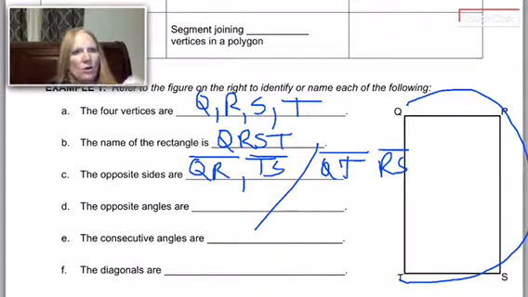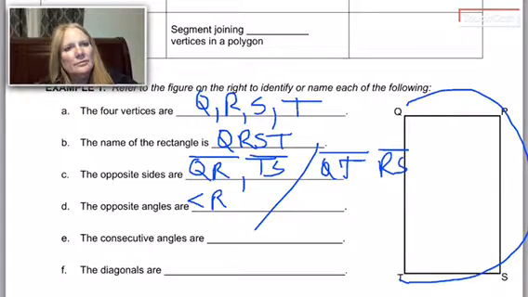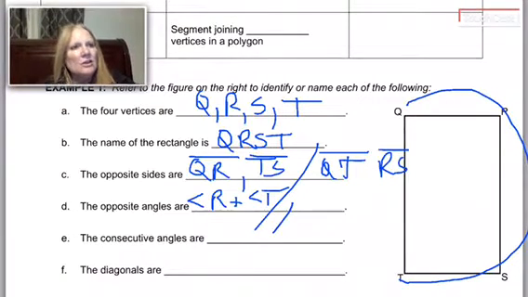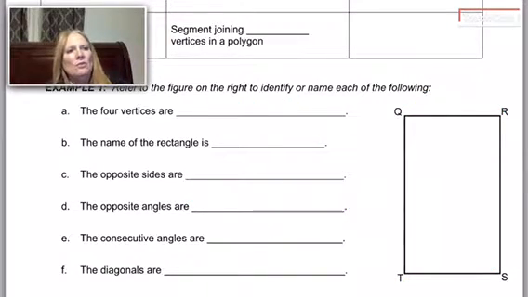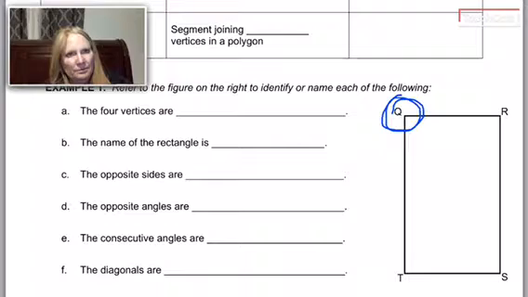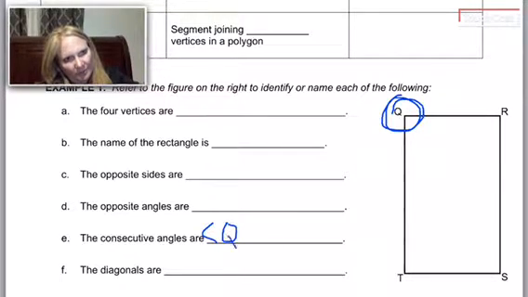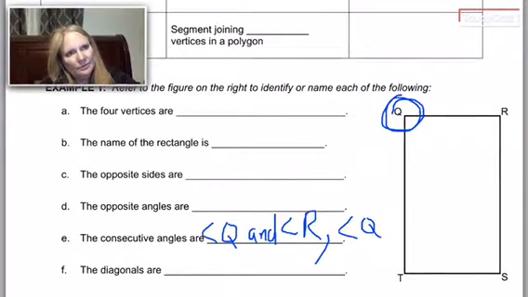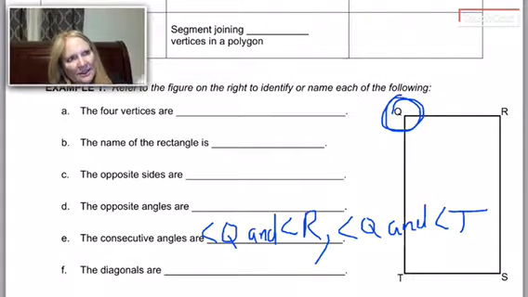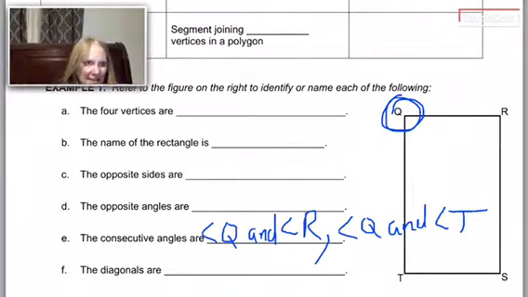Okay? Now the opposite angles are the angles that are across from each other. So we have angle R and T, and then we also have angle Q and angle S. Now the consecutive angles are the angles that are next to each other. So we have a few of them. If we look at Q, we have angle Q and angle R. We also have angle Q and angle T. So the ones that are next to each other, we have S and T, R and S. Those are all consecutive angles.